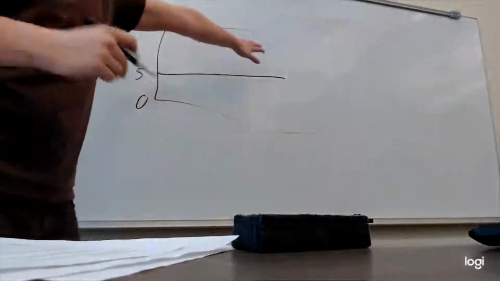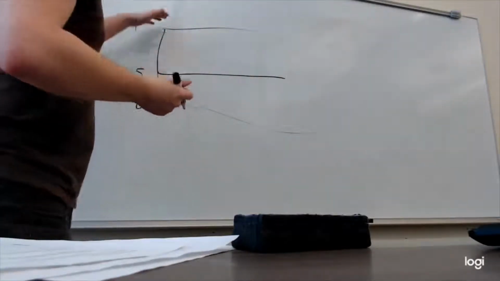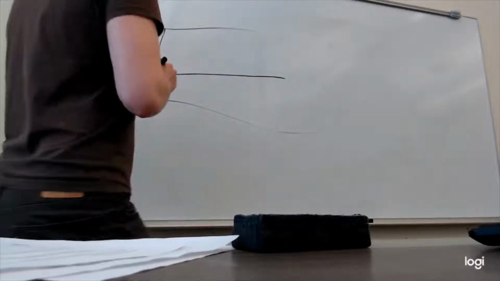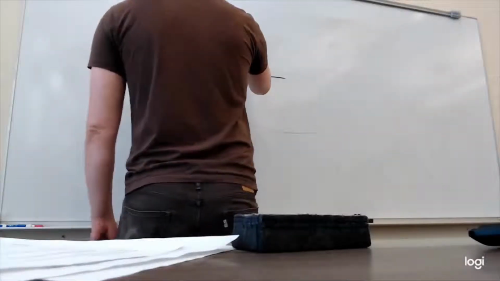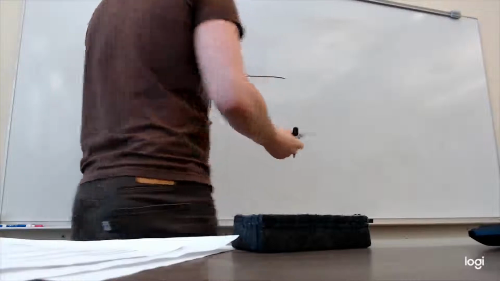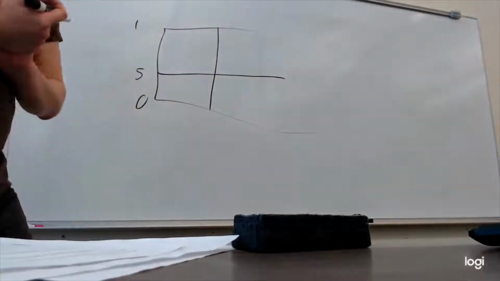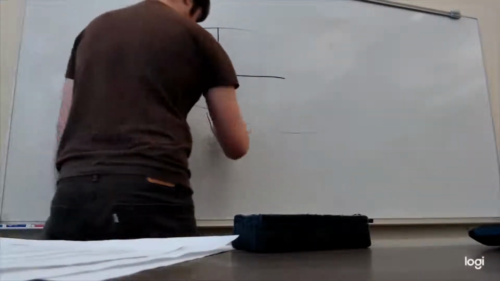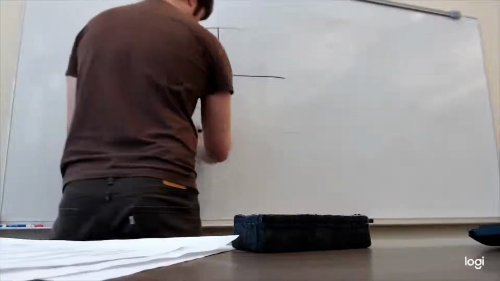So I'm just drawing reference lines at 0, half, and 1. And this is a reference line at x equals 0.